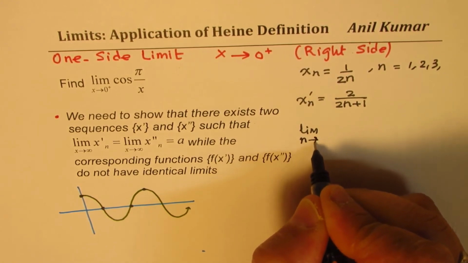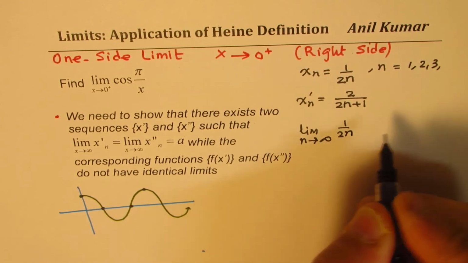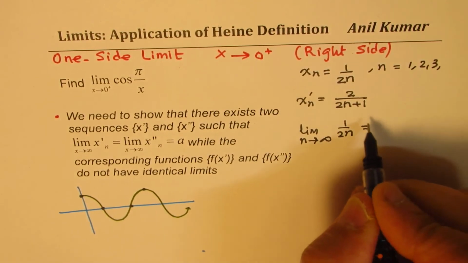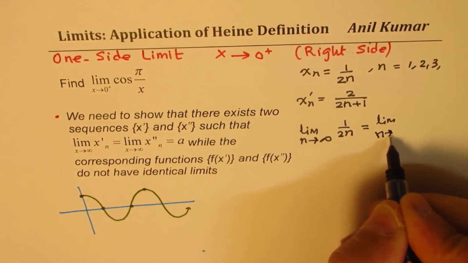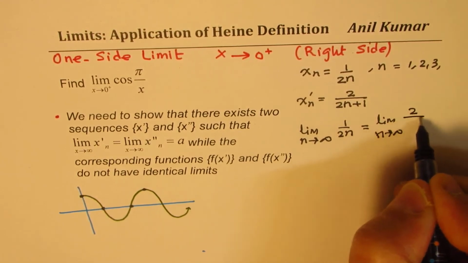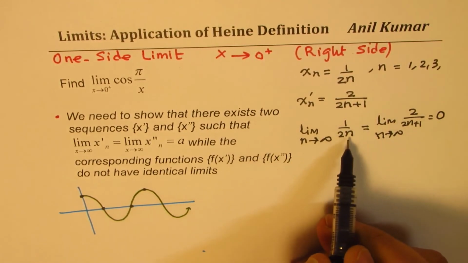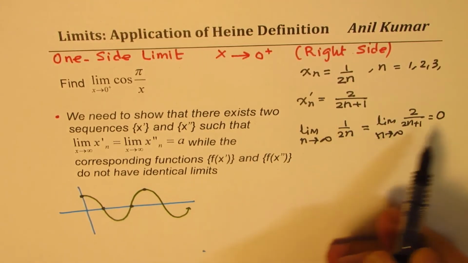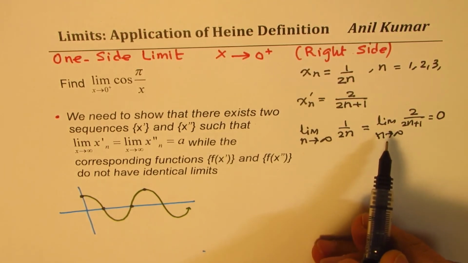as n approaches infinity for 1 over 2n is the same as the limit as n approaches infinity for 2 over 2n plus 1, and both are 0, right? If n is very, very large, dividing by a large number will give you 0. So both these limits are the same, correct?